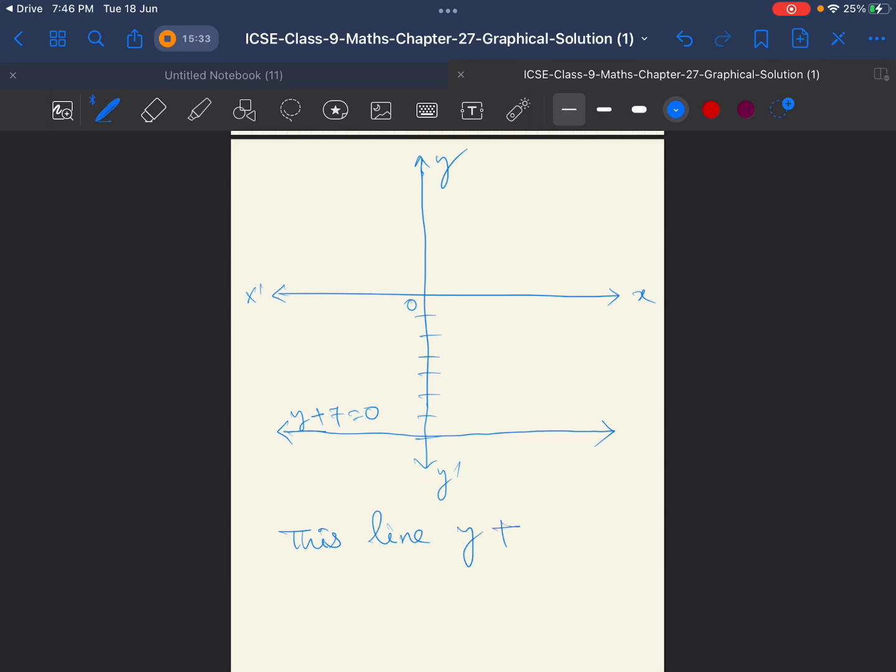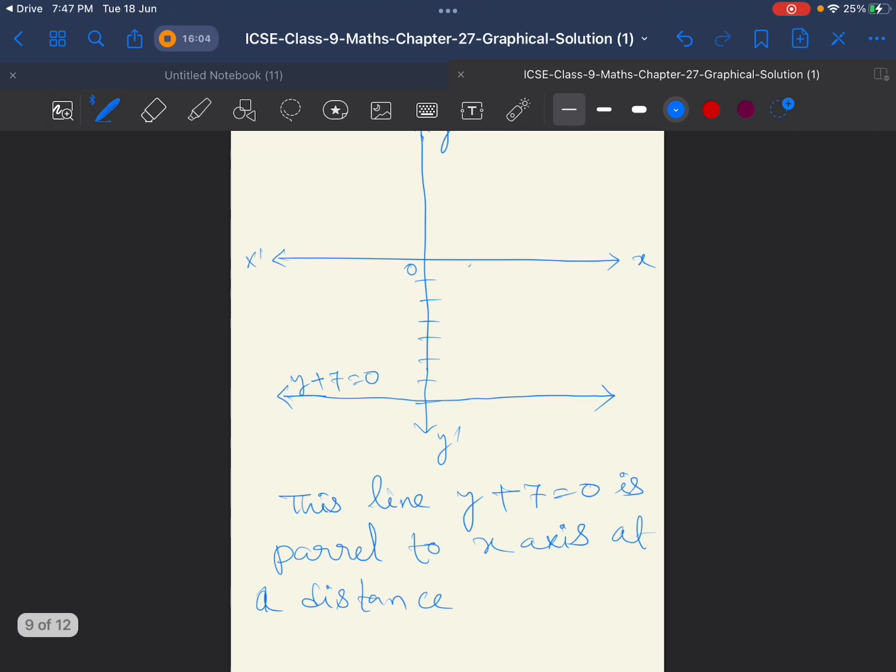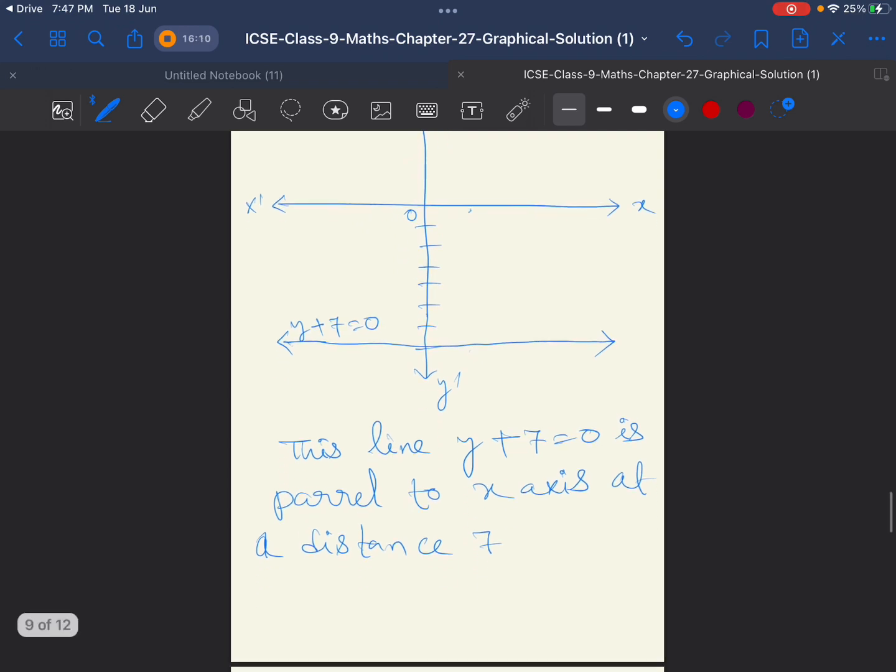Okay, so this line y plus 7 equals to 0 is parallel to the x-axis at a distance. Here the distance is 7 from this line to this line.